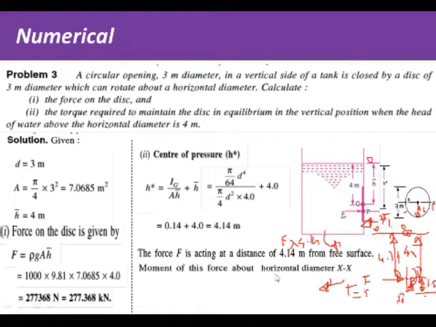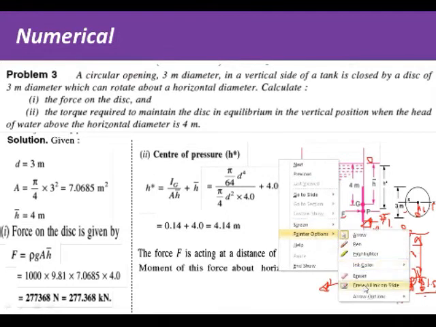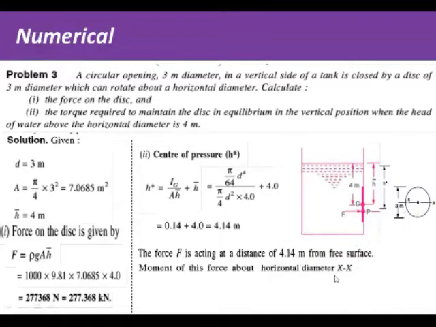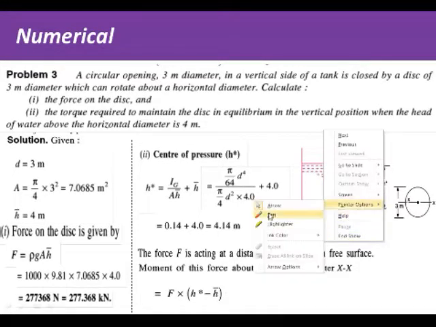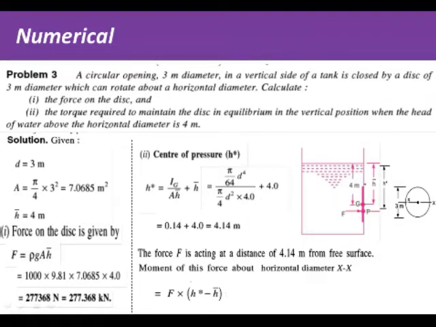First of all, the moment of this force about the diameter XX should be F. Oh, sorry. Here the hinge point is this point, so you are supposed to take the moment about this point, not about point O. Suppose the upper end is A and the lower end is B, so you will take the moment about point A. Why A?